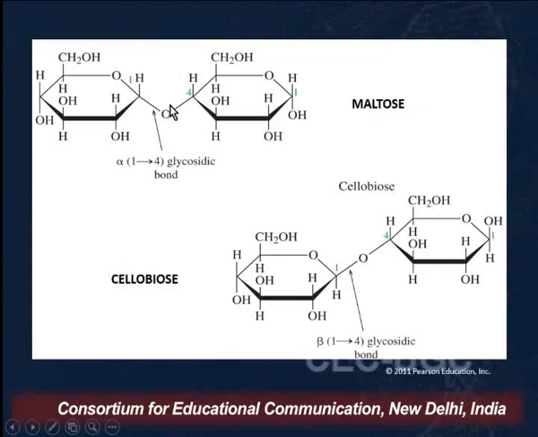So we have an alpha 1,4 glycosidic linkage in maltose, and in cellobiose the glycosidic C-O bond is pointing in the upward direction, and therefore we call this beta 1,4. I hope the difference between the alpha and beta configurations is clear.